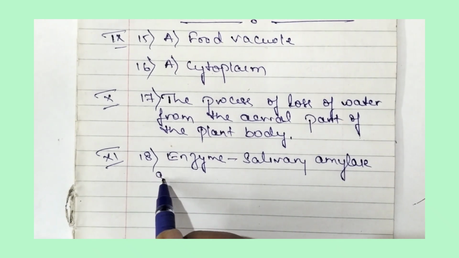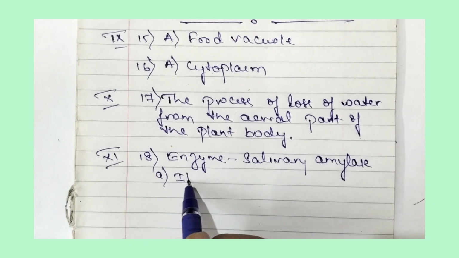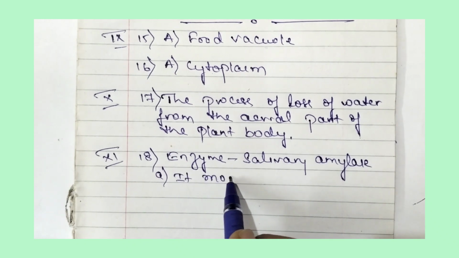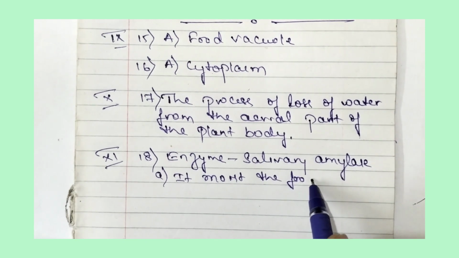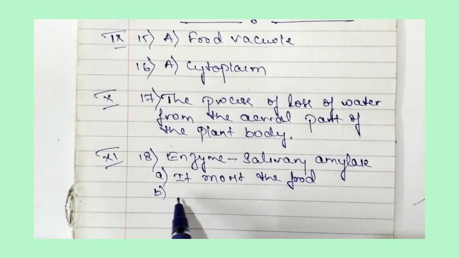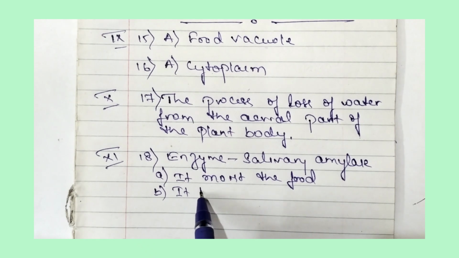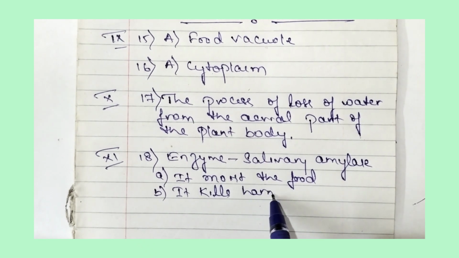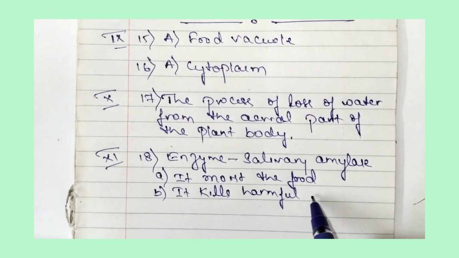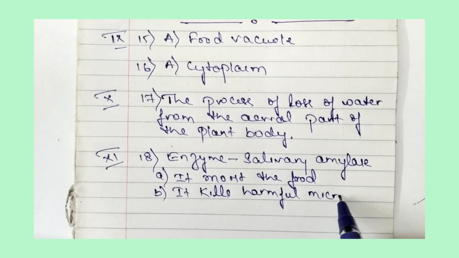And what is the function of salivary amylase? The first function is it moistens the food. Second, it kills harmful microorganisms.